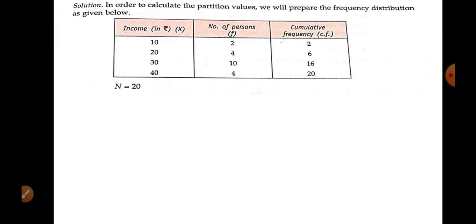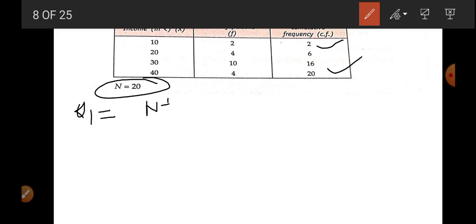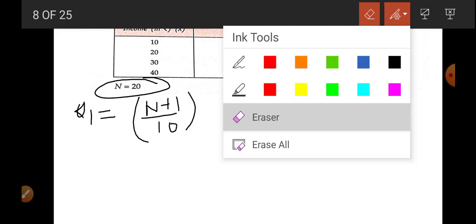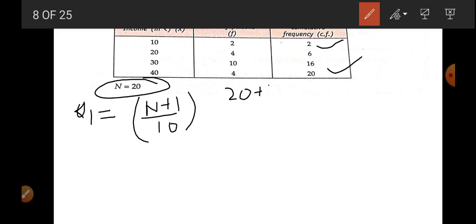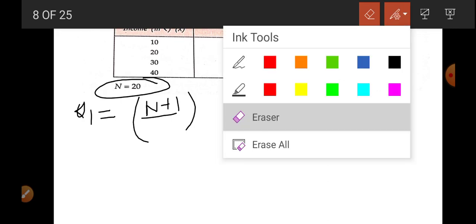Now, in order to calculate the partition values, we will prepare the frequency distribution given as below. So now the cumulative frequency has been calculated here. So n is equal to what? n is equal to 20. So first we calculate Q1. Q1 will be n plus 1 upon, sorry, I'm writing wrong, it will be 4 because quartile divides into 4 equal parts.